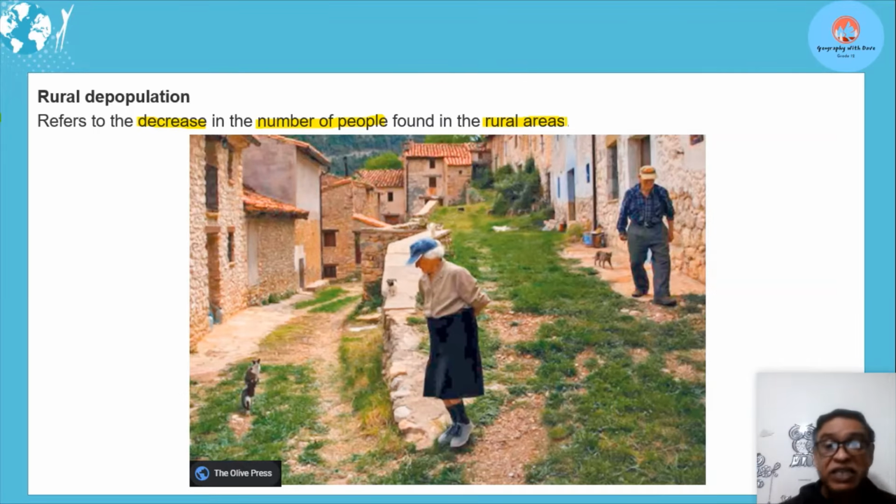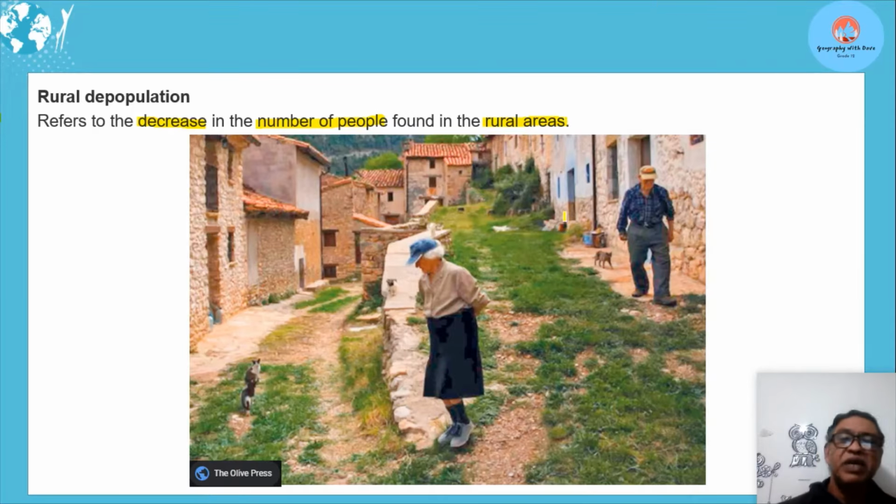One of the factors that could cause rural depopulation is rural urban migration, because people move away, the numbers decrease in the rural areas. But there are other factors that could also cause rural depopulation. We can't say it is the same. So let's elaborate on that a bit.